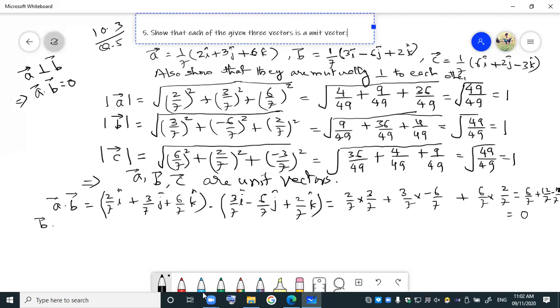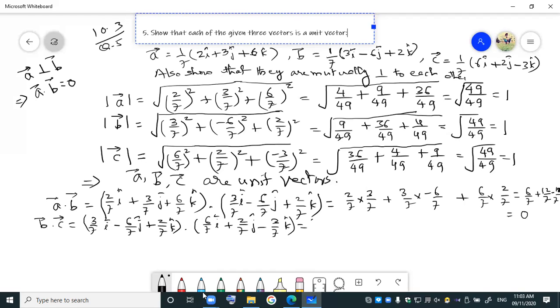Now B dot C. Either you find B dot C or C dot B, because it is commutative. So B is 3 by 7 i cap minus 6 by 7 j cap plus 2 by 7 k cap, dot C, and C is 6 by 7 i cap plus 2 by 7 j cap minus 3 by 7 k cap.